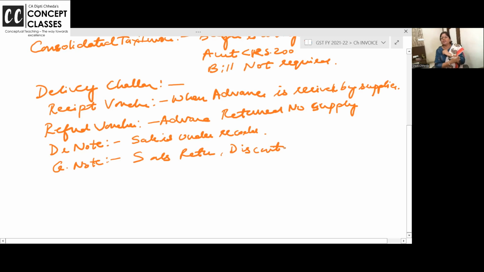I've sold you the goods of 100, you are paying 80 in full and final settlement. 20 is not sales. Why do I pay GST on that? Please write the basic meaning. I'm going to talk about each and every item in detail in today's class. Debit note to sales is under-recorded is one example. I'll give more. Credit note.